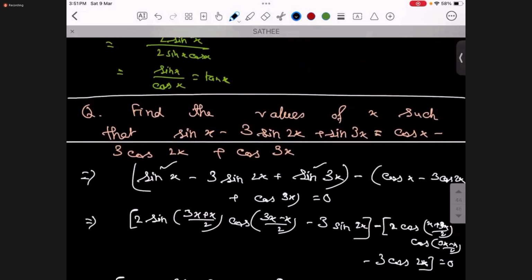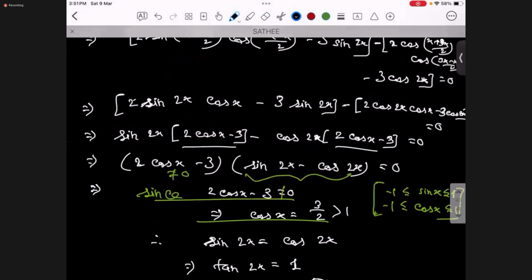So what we have done in this question: we just considered this equality, solved the equations and used the formulas for sin of x plus y and sin of x minus y. Using those formulas, we obtained the expression for when the equality will hold. Now, why is this not equal to 0?